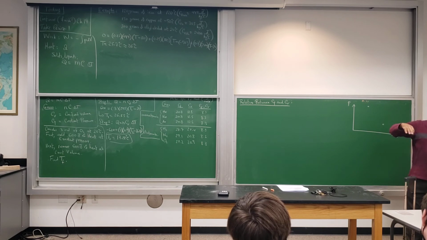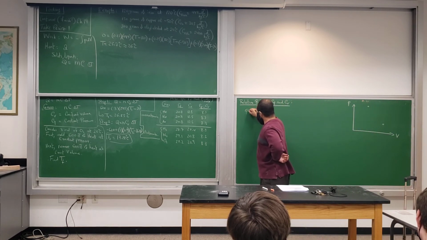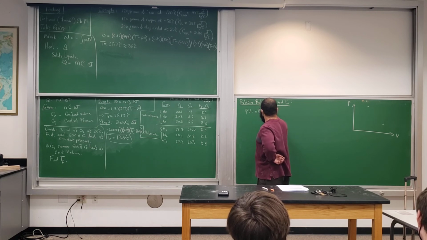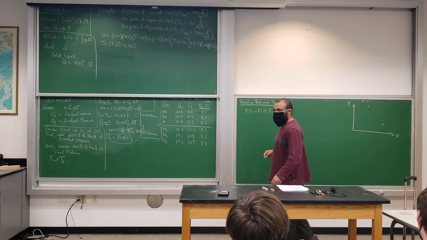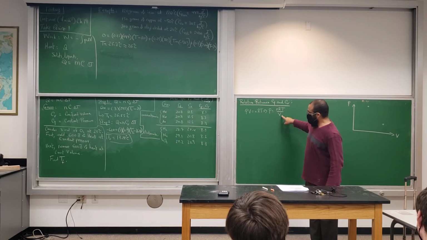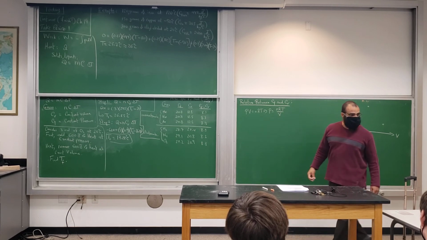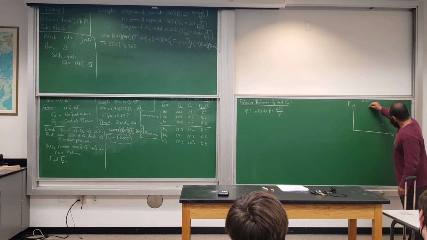Why? Because PV equal to nRT, so P will be nRT over V. If T is constant, then P is inversely proportional to V.